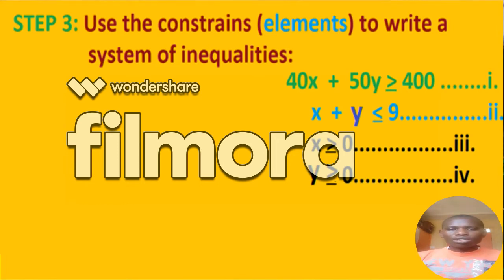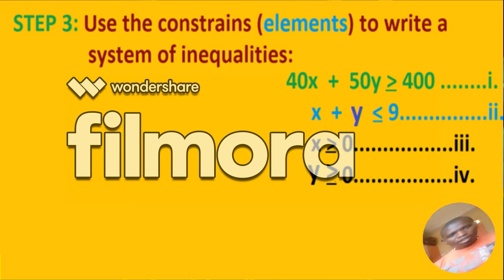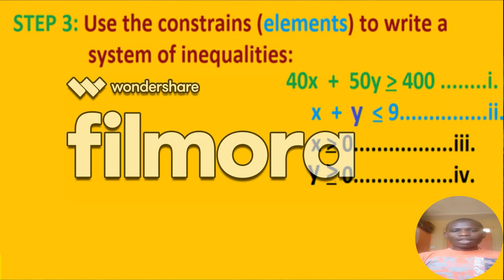The third inequality is going to regard the number of small buses. Here, the number of small buses with respect to the number of big buses should be at least 0, meaning it can be 0 and above. And that gives us the third inequality to be x is greater than or equal to 0.